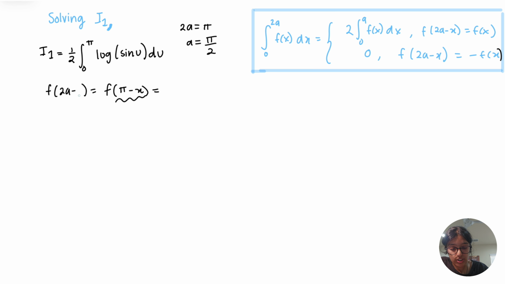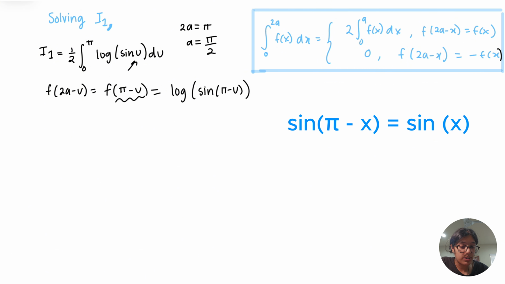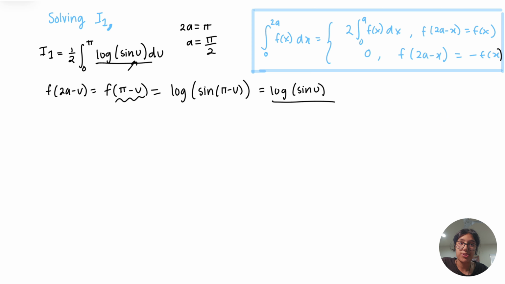I can just switch this out for u. Either way, it's just a variable. So now I'm going to replace u with pi minus u. And I know that sine of pi minus u is just equal to sine u, so we get log of sine u. And that was exactly the original function we started with. So that is equal to f of x, or f of u in this case.